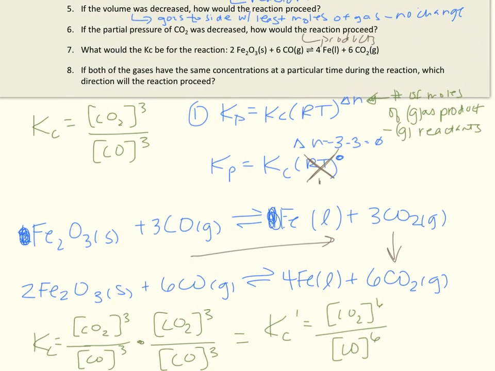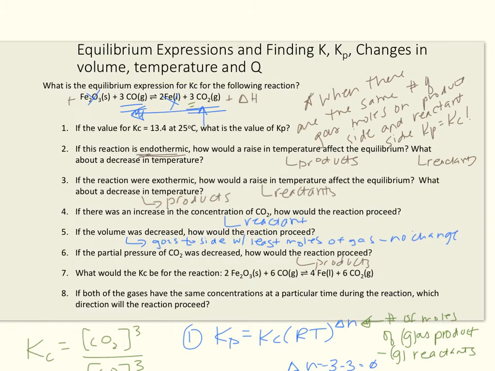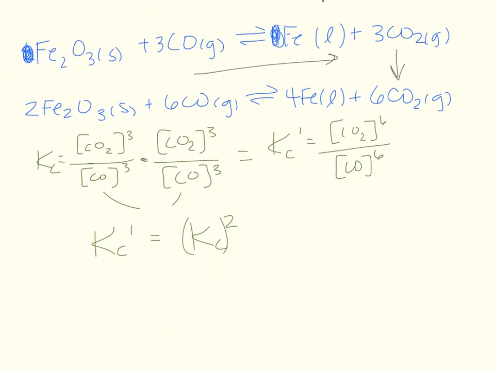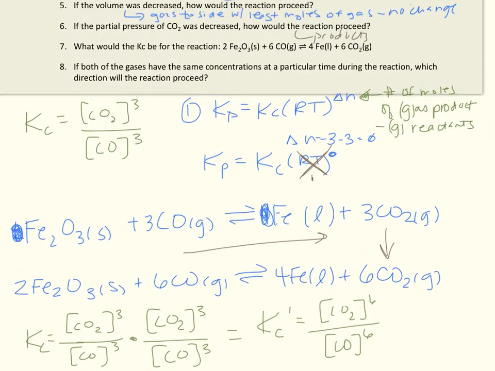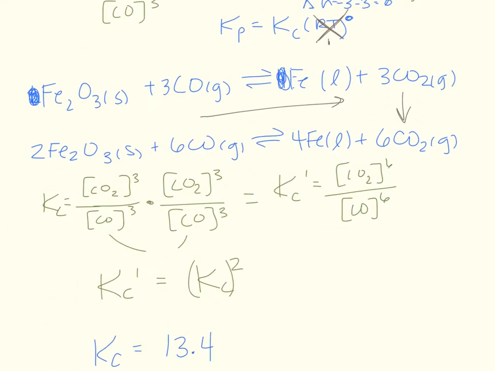Okay. If both gases have the same concentrations at a particular time during the reaction, which direction will the reaction proceed? All right, so our K was given as 13.4, right? So Kc is equal to 13.4. And the question says, if both gases have the same concentrations at a particular time during the reaction, which direction will the reaction proceed?